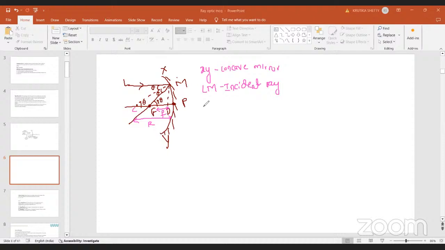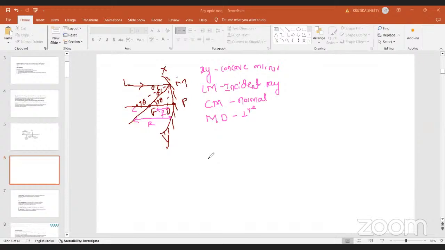Then next CM. You can observe in the diagram, CM is like a normal to the surface. It is normal to the reflecting surface. MD is the perpendicular drawn.